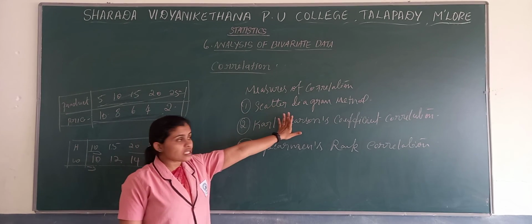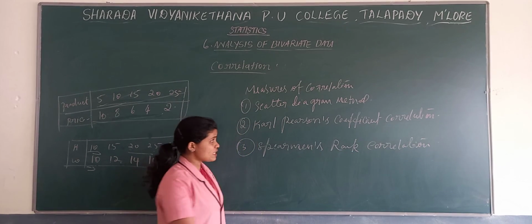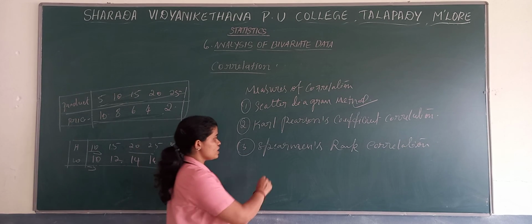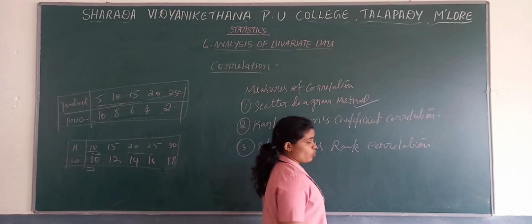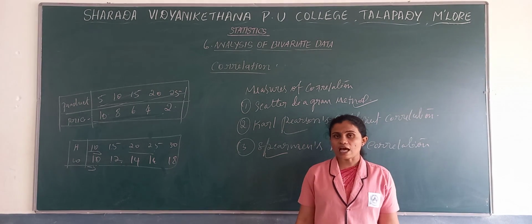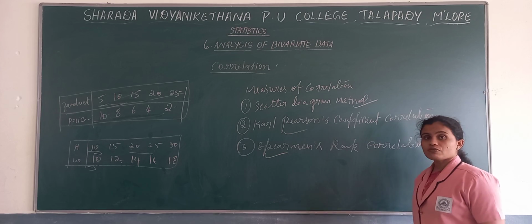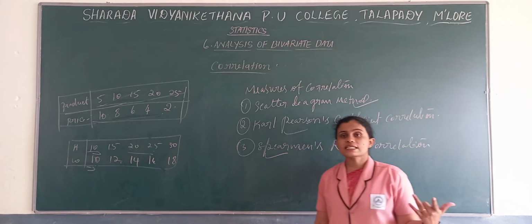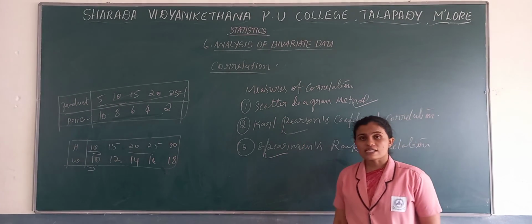I will teach this, and it may or may not appear. Firstly we will see the scatter diagram method, then Spearman's rank correlation, and lastly Karl Pearson's coefficient of correlation. With this we complete the correlation topic. Then we need to see regression analysis in this chapter. So firstly now we will discuss the scatter diagram.